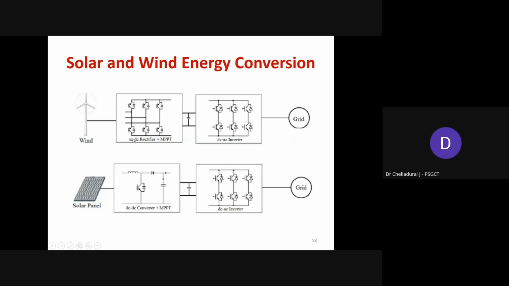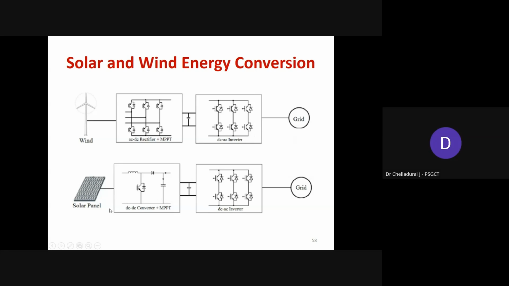The purpose of using the first stage AC to DC with IGBT based conversion is that we can maintain the source side current wave shape, or improve the quality of the current taken from the wind energy conversion system. Similarly, the second one is DC to AC with the help of VSI topology. So we can easily inject real power alone, reactive power alone, or both real as well as reactive power by modulating the switches.